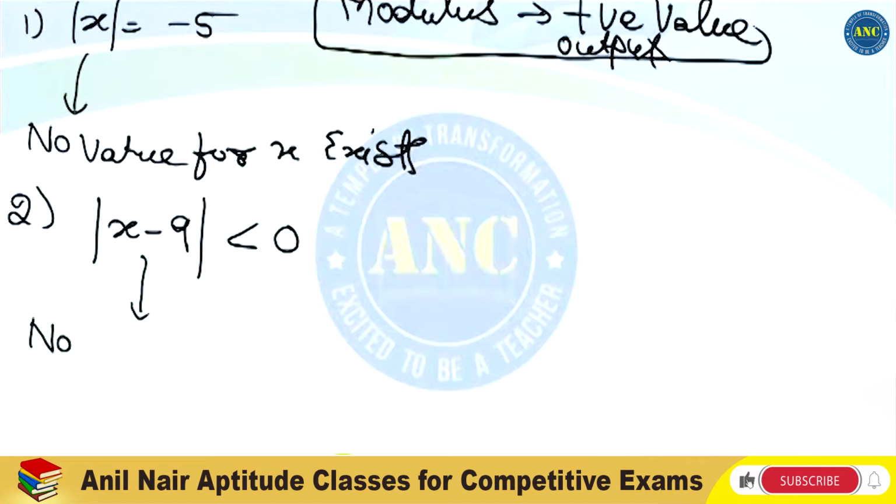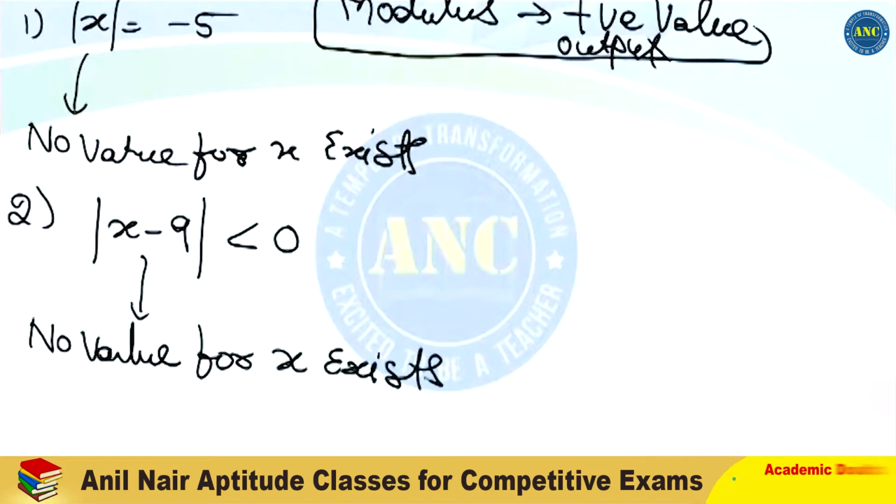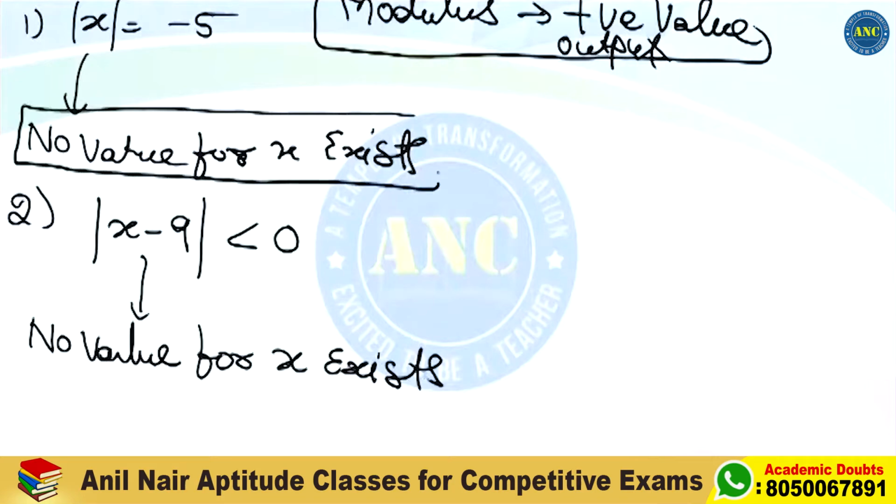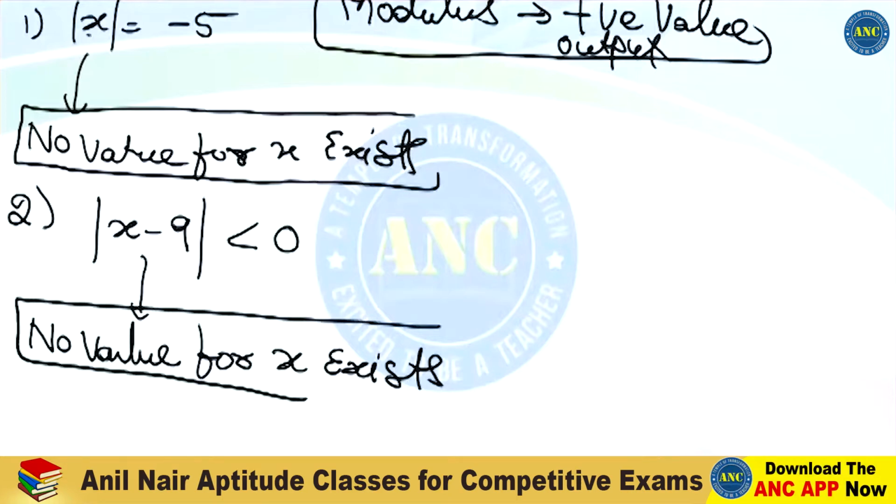Again, the answer is no value for x exists. Here x is at a critical point 0, and here x is at a critical point 9, but no value for x exists. I hope the idea is clear.